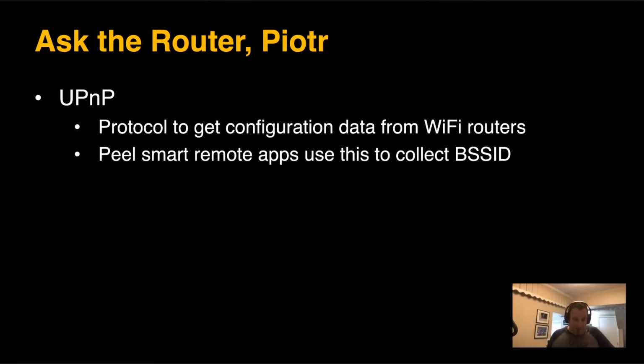Just getting the device's IP address is not something that was considered sensitive, but knowing the IP address, you can try .1 on the network, or even get the routing table directly, and then it opens a socket to that router. Then, using the UPnP protocol, it queries the BSSID and shares it with lots of other servers.